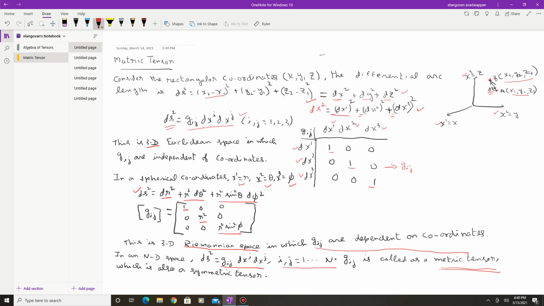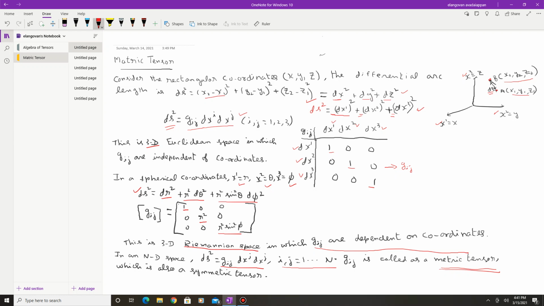If it is rank 2, the components can be expressed in matrix form. If it is a tensor of rank 1, the components can be expressed as a vector. So for rank 1 it is a vector, and for rank 2 the tensor is a matrix.